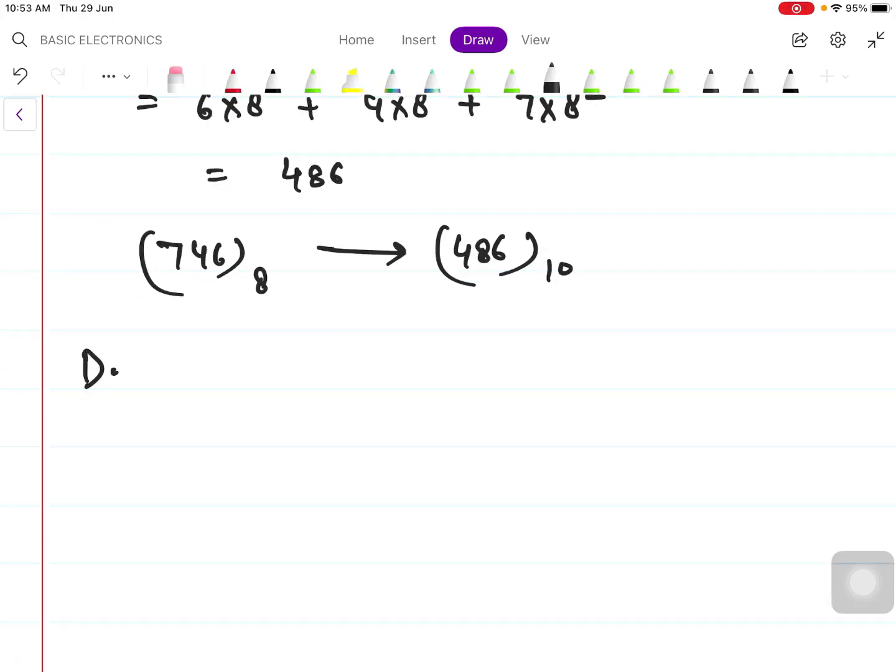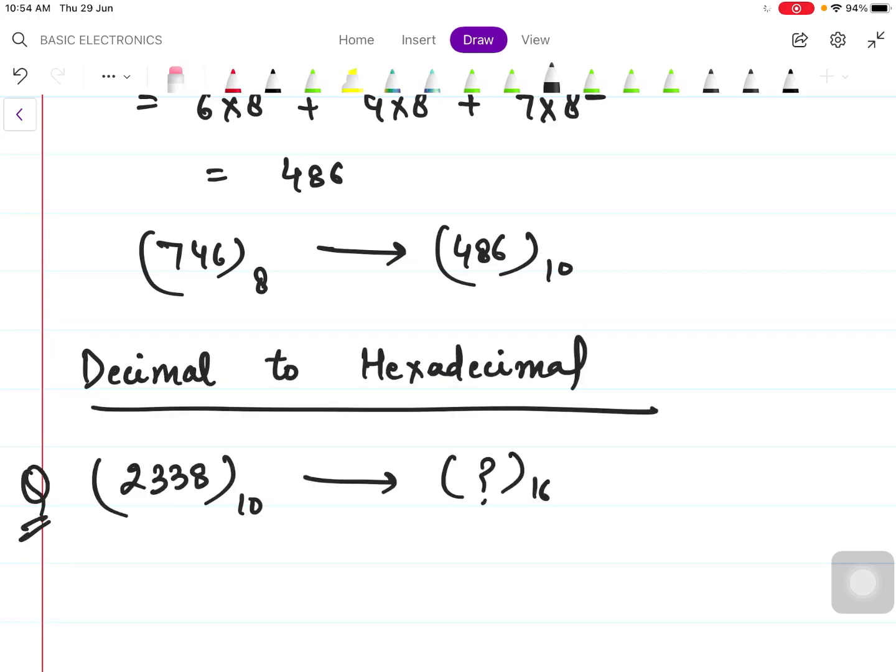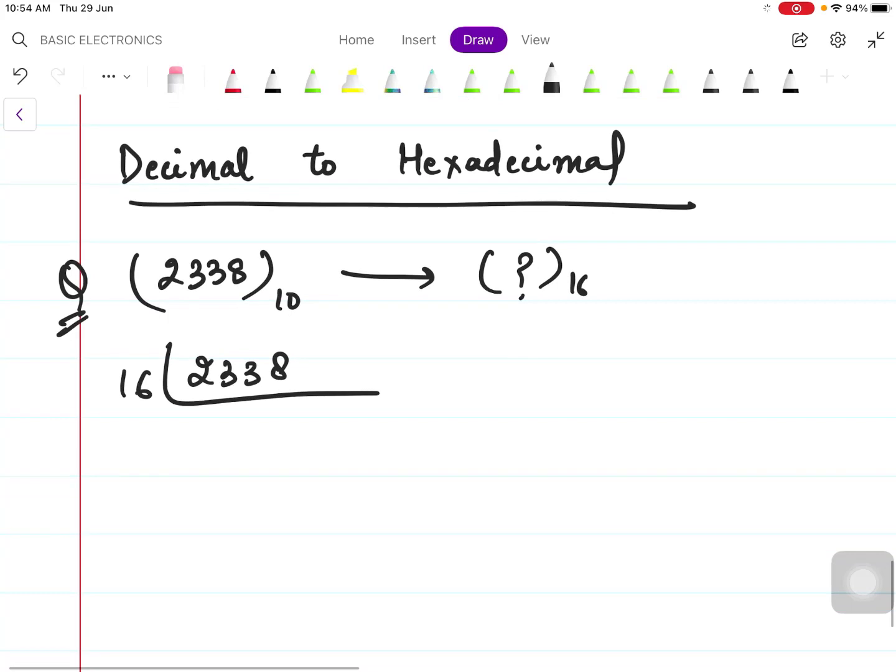The next type of conversion is decimal to hexadecimal. How did we convert it? In this case, we will keep on dividing it by 16. One very important thing, hexadecimal has a number system 16.